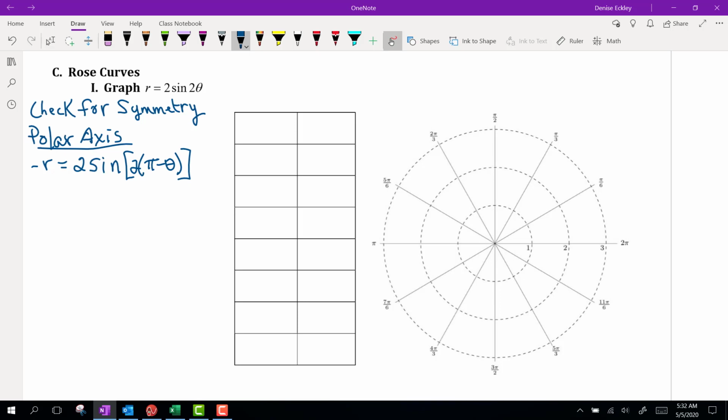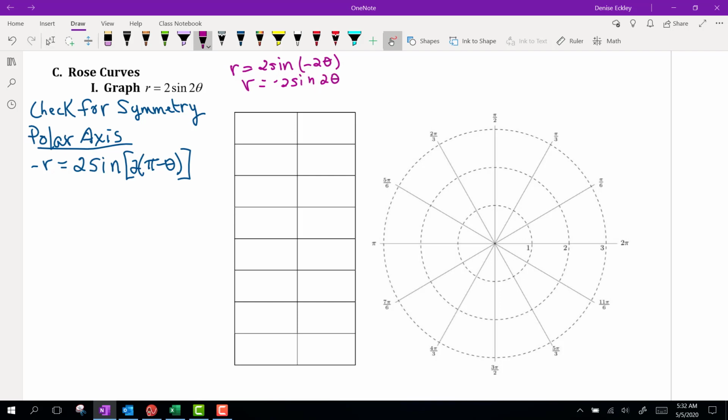A lot of times what you can do with these, and I'll show it up here for this one, is try the most common test. So if I put r equals 2 sine of negative 2 theta, from what we've done, we know that sine is odd, and you can do this in your head, and you can see that that's not going to work out, that I'll have to pull the negative out. So I'll have a negative 2 sine 2 theta.